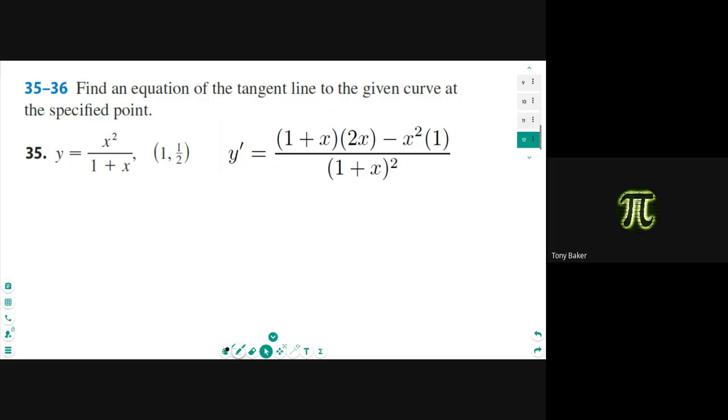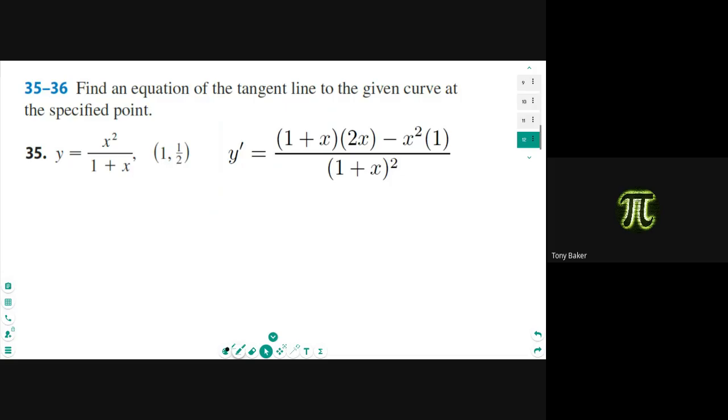I want to find my slope at a specific point. So I'm looking at it at the point where x's value is 1. I wouldn't go through all the extra work to simplify this problem down, because all we're going to do is plug in 1 for x to find the actual specific value of the slope.